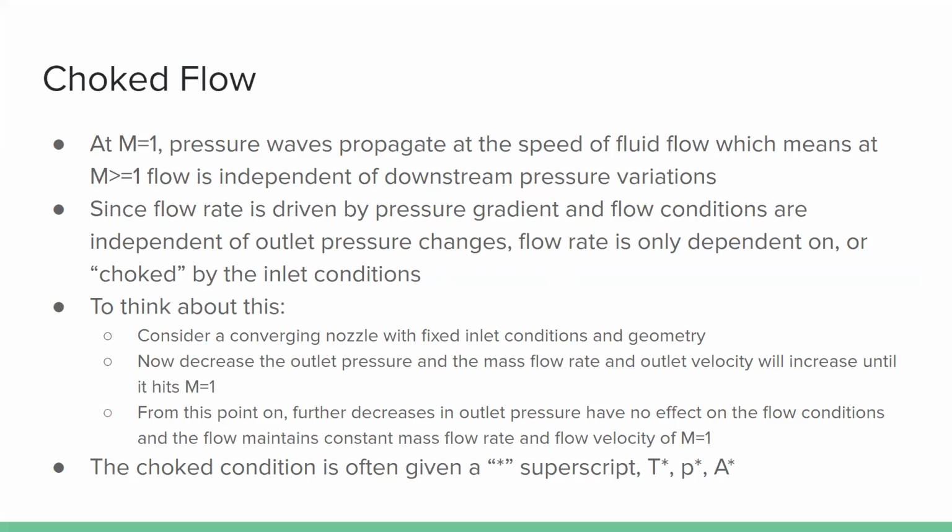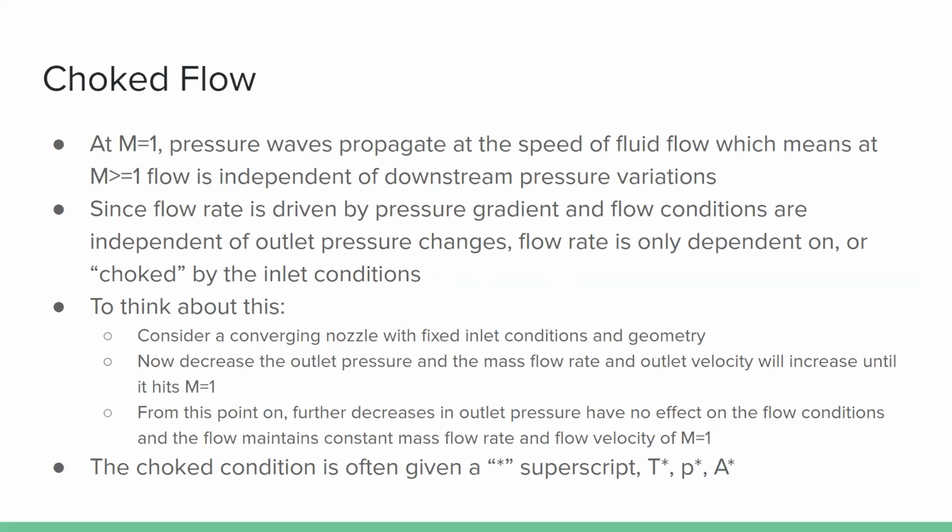So, a little more about this concept of choked flow. As I said, at Mach 1, the flow is choked. Mach number can't increase anymore. So what actually is happening there? At Mach 1, remember, this is when the velocity of the fluid is the same as the speed of sound, or the speed that pressure waves propagate through the fluid.